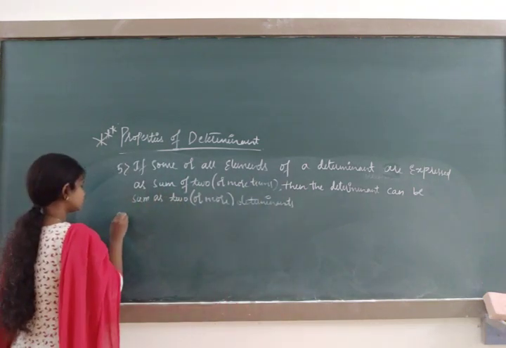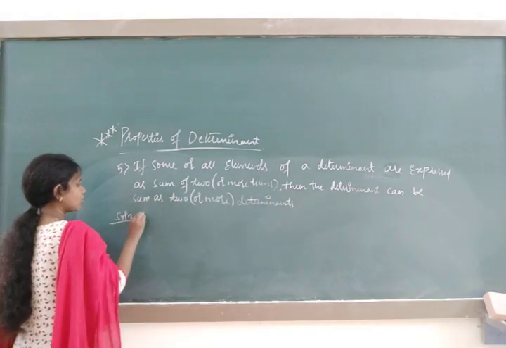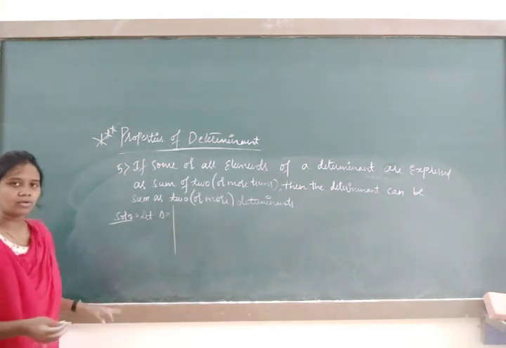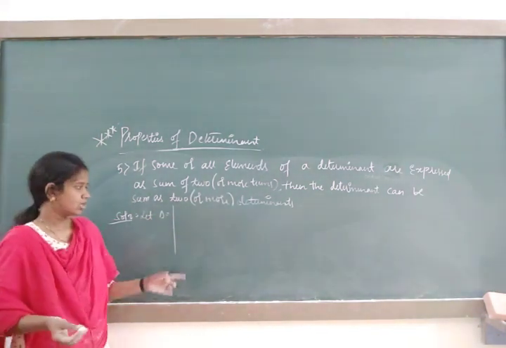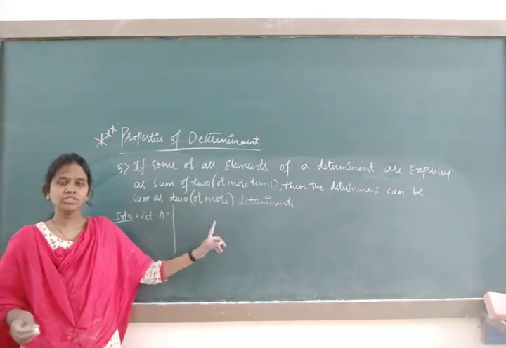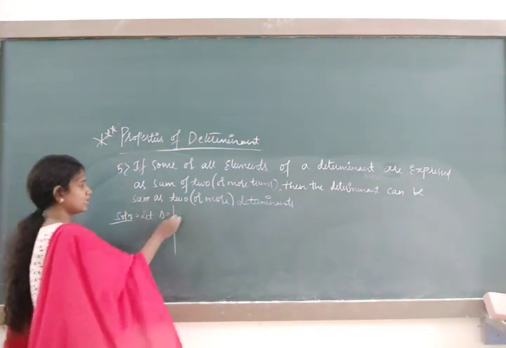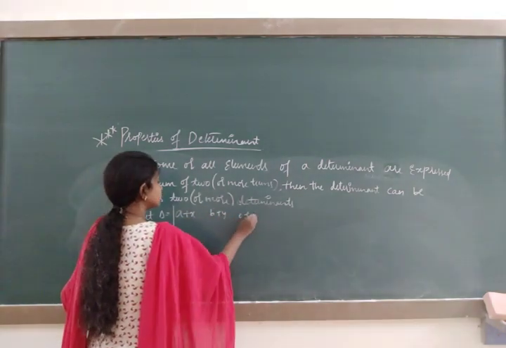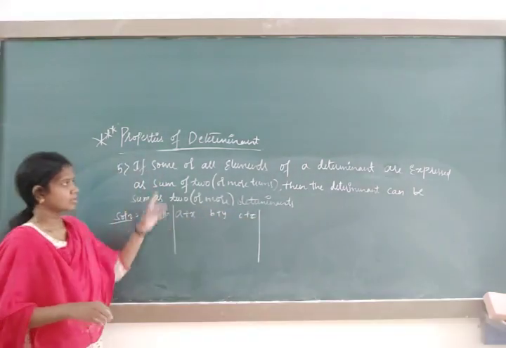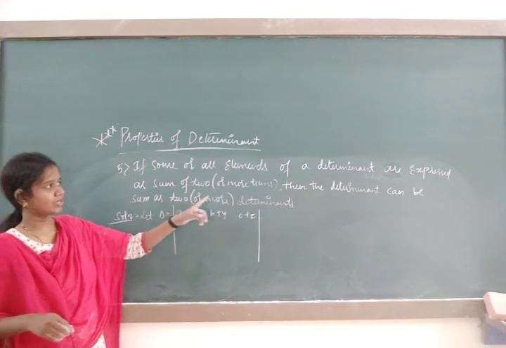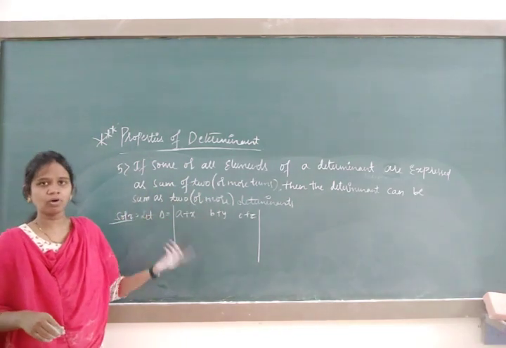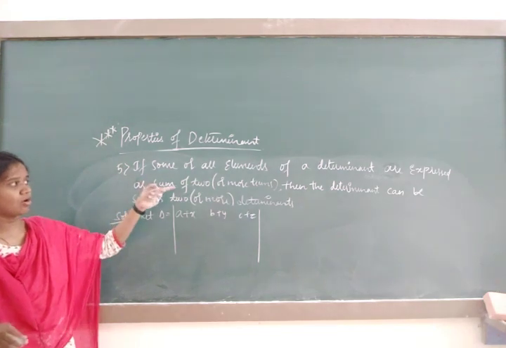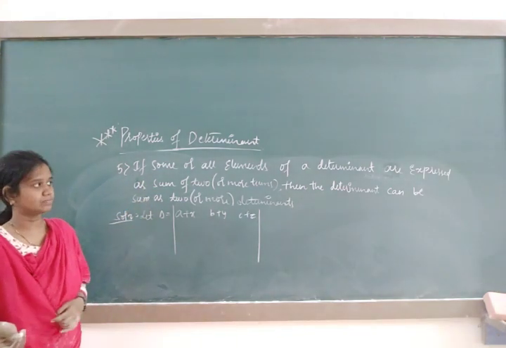Solution. See, according to the statement, if you are coming across a determinant where instead of A, B, C you are getting A plus X, B plus Y, C plus Z, that is, some or all elements of a row or column of a determinant are expressed as sum of two or more terms.